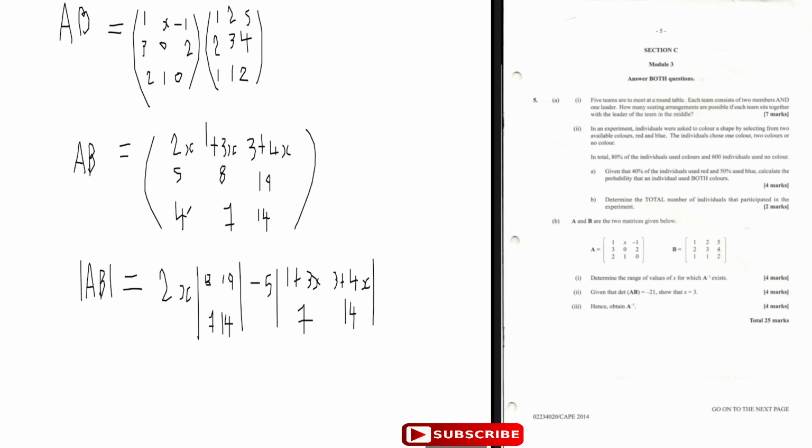Then this becomes plus 4 times the determinant of, cancel out this.